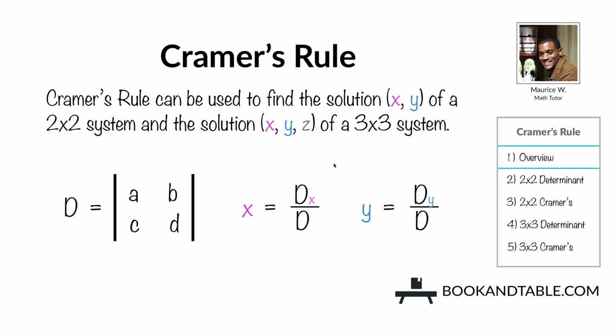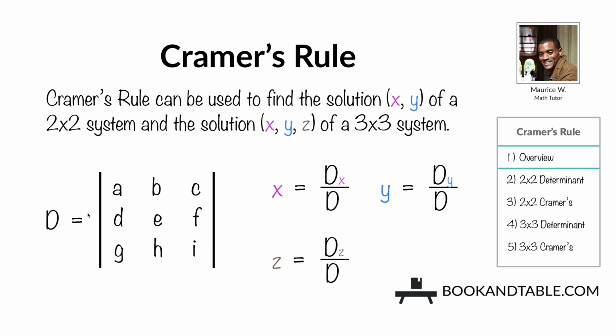And then Cramer's rule can also be applied to 3x3 systems as well. And we'll use a set of determinants to calculate the x coordinate, the y coordinate, and the z coordinate of that solution. So we'll wind up talking about each of these things throughout the remainder of this chapter.